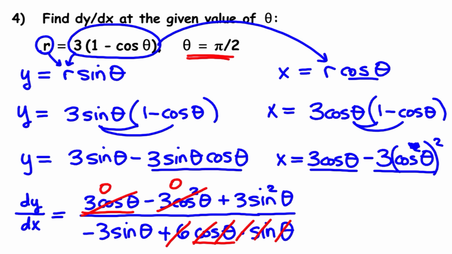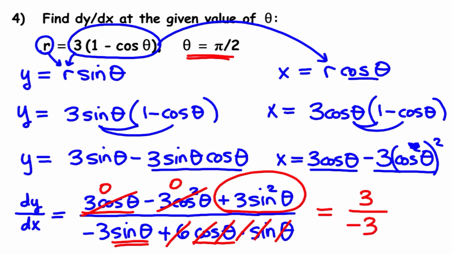So right here we have 3 times 1, which of course is 3. Down here, sine of pi/2 is going to be 1. So that's negative 3 times 1. That's negative 3. And that makes the overall dy/dx, the slope, negative 1. And theta is pi/2. Okay, hopefully that made sense.